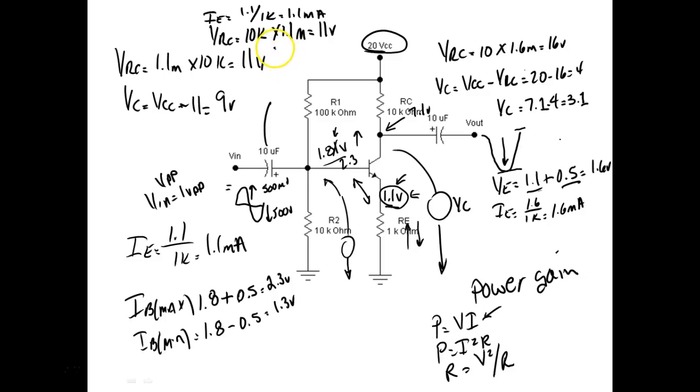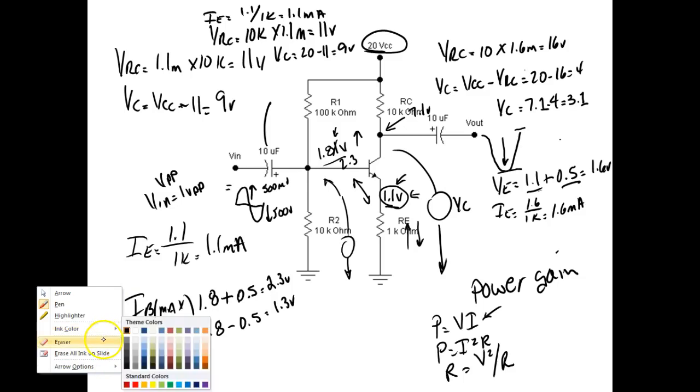So, VC, where did we come up with 7.1, guys? Oh, so I did something wrong up here, so I see that. So VC would be equal to 20 volts minus 11 volts, which would give us 9 volts. So I messed up here. Yeah, it's going to be sitting at 9 volts. If we measure this, it's going to be sitting at 9 volts.